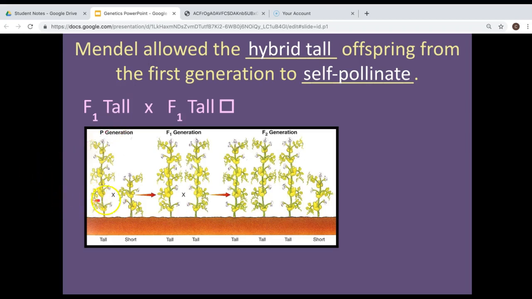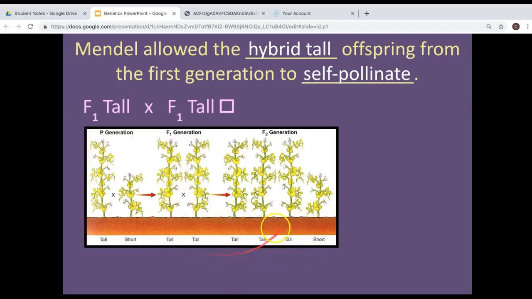So we mixed, here's the first generation. Remember, don't get confused. Let's look at this picture. First generation. Here's the tall plant, short plant. They mix. Remember, we got two tall plants in the F1 generation, if you look here. What happened was he let these self-pollinate, and he ended up with something miraculous.